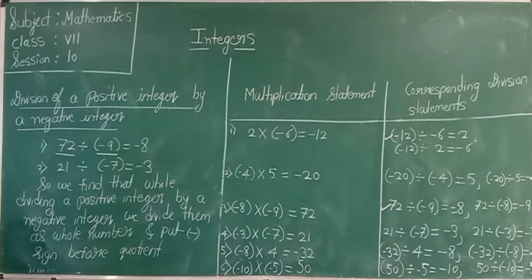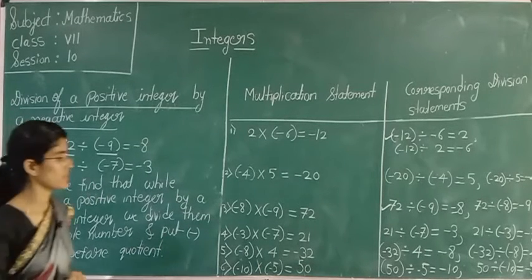So this is how we do division of a positive integer by a negative integer.